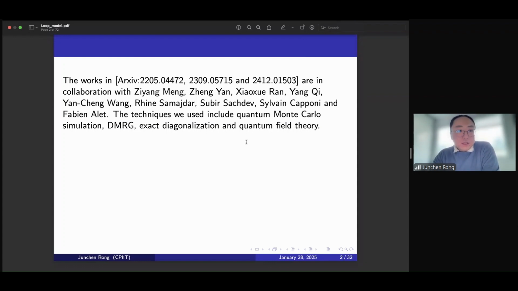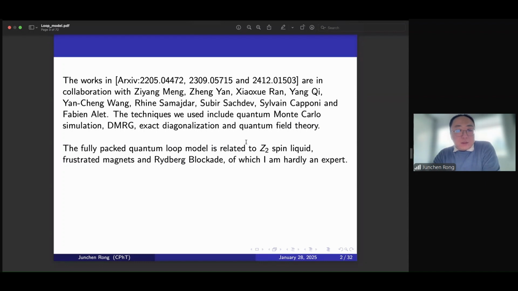techniques. So just to put this story in the big picture, this quantum loop model is related to Z2 spin liquid. It's related to topological phase of matter. It's related to frustrated magnets, which means that, well, I'm putting it on the triangular lattice, so it has some frustrations.